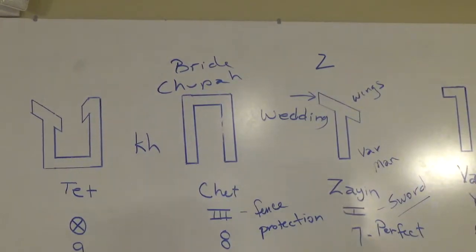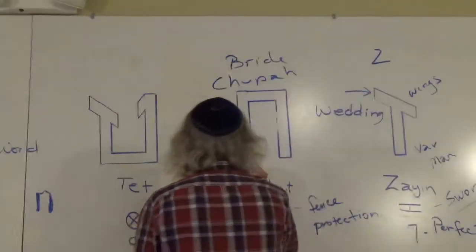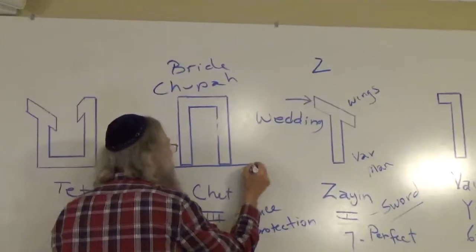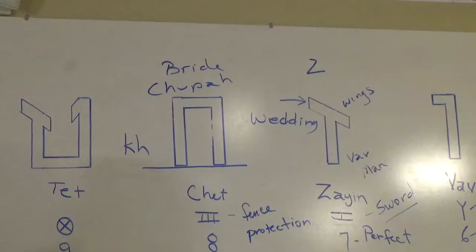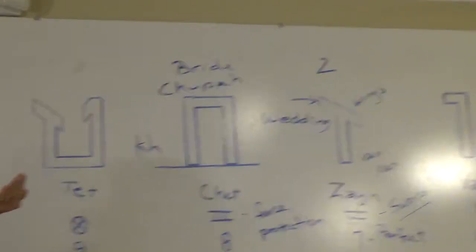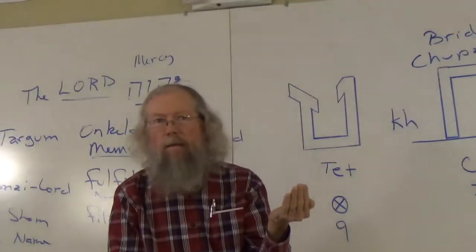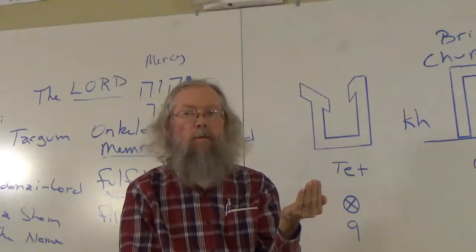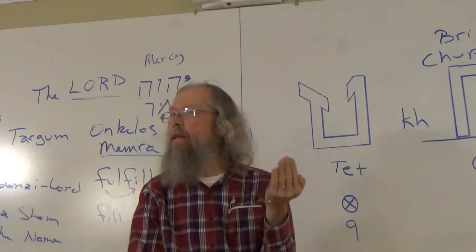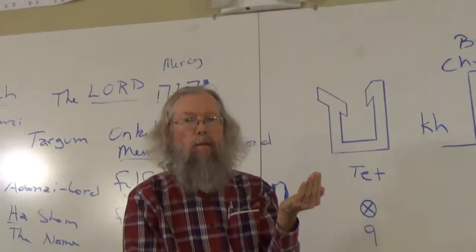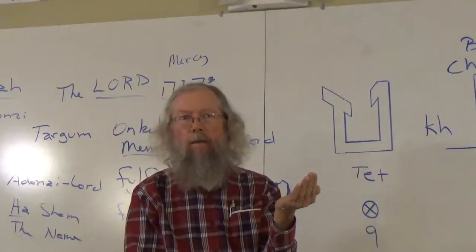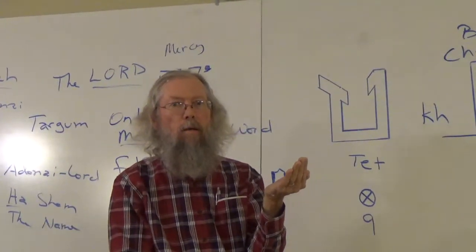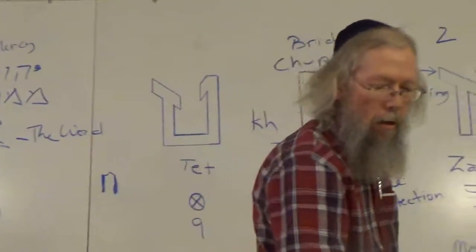If we were writing this on a lined paper, it would be right here like this. She's sealed. She's closed. Saying what? She is intact. She has not lost her virginity. So we're talking about a young virgin here, a young lady.